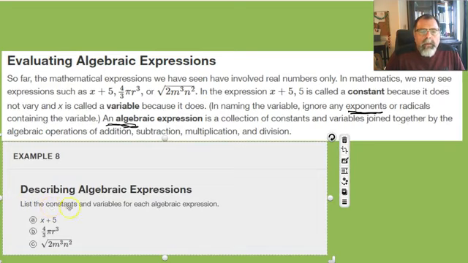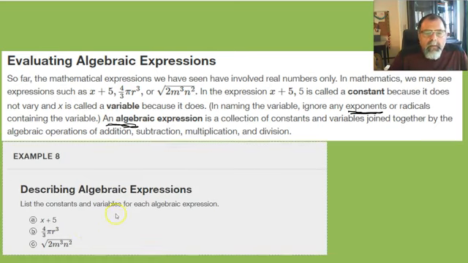Okay, list the constants and variables for each algebraic expression. So again, we'll make a little table here, constants. That'll be 5. For this one, it'll be 4/3 and pi.